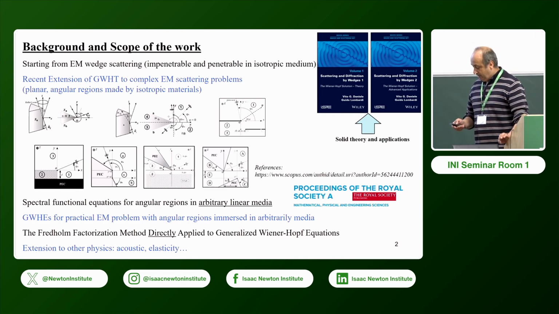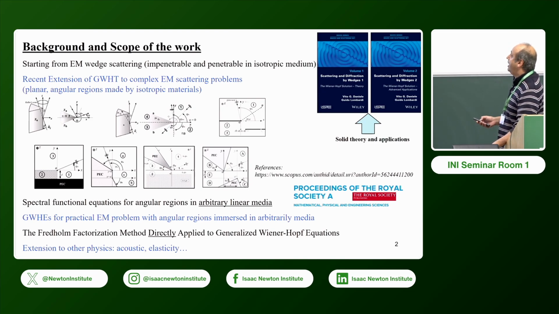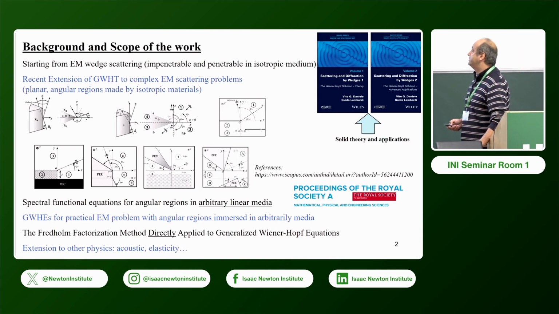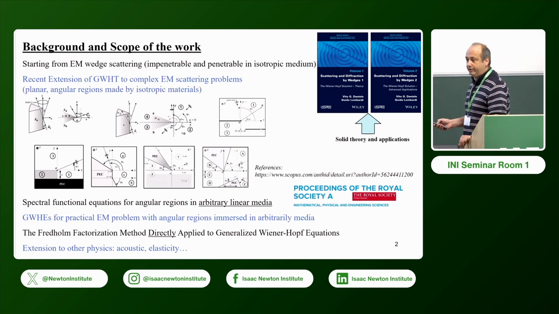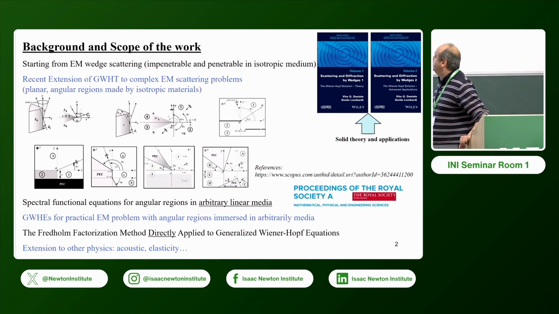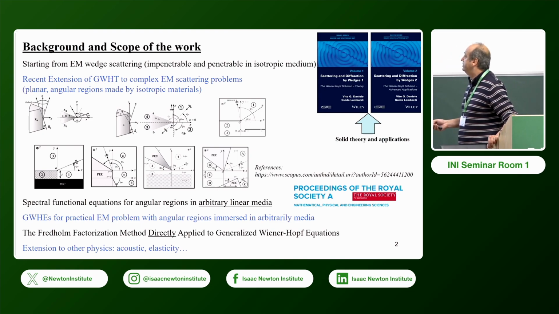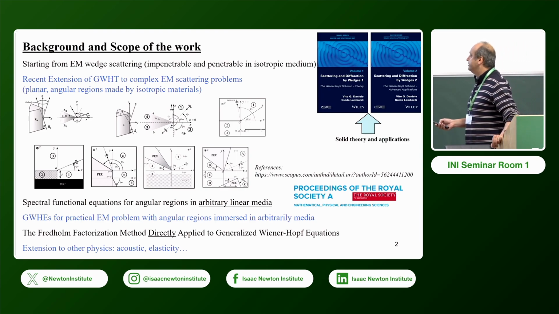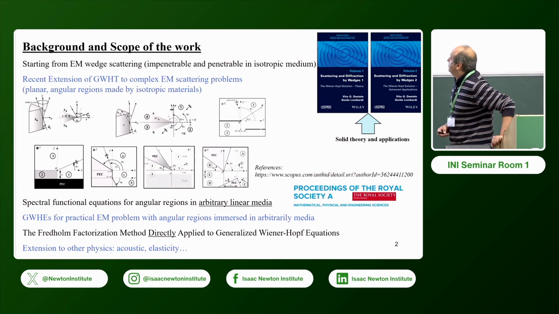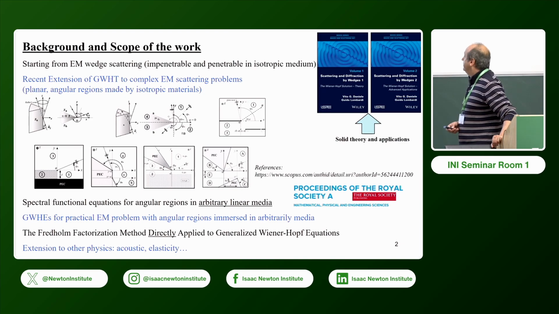And then we extended our methodology of the generalized Wiener-Hopf technique to more complex problems, mixing planar and angular regions, but always in isotropic media. So you can see staggered structures, substrate, half substrate, polygonal shape, wedges over layers, double wedges. And these are problems that have been extended.